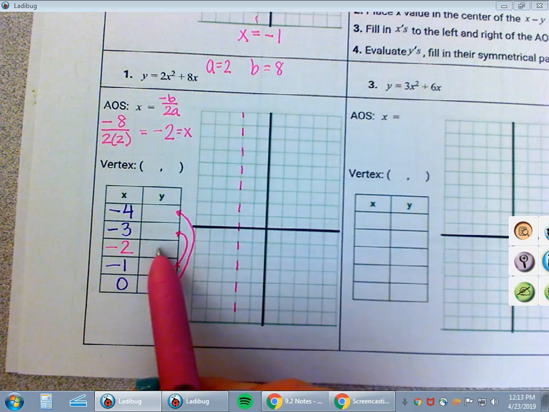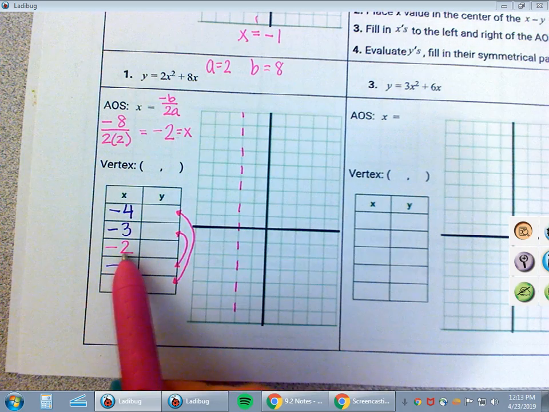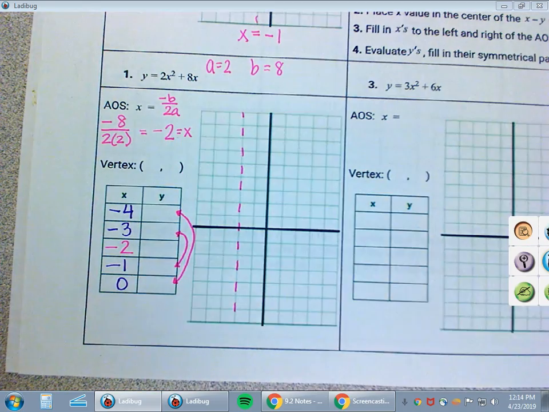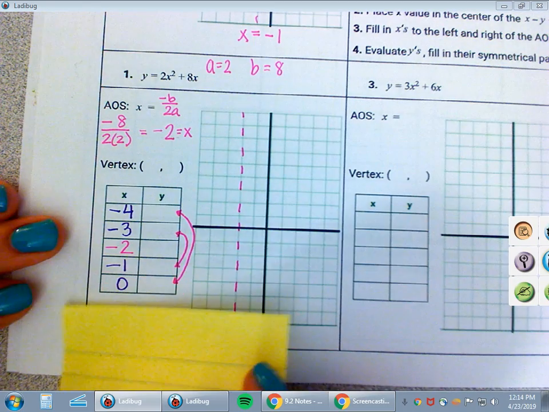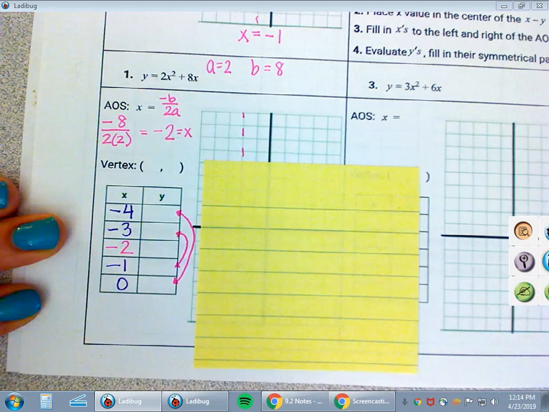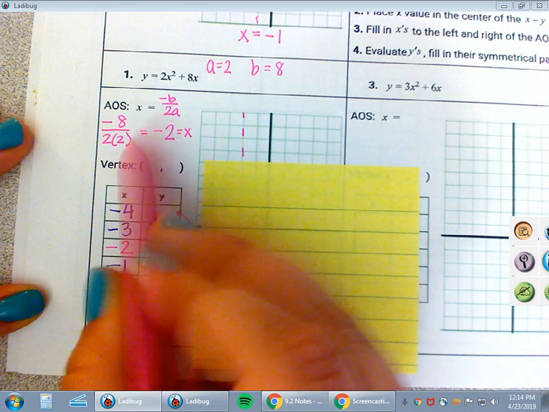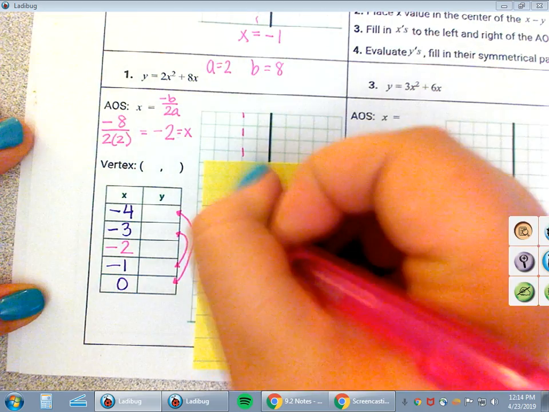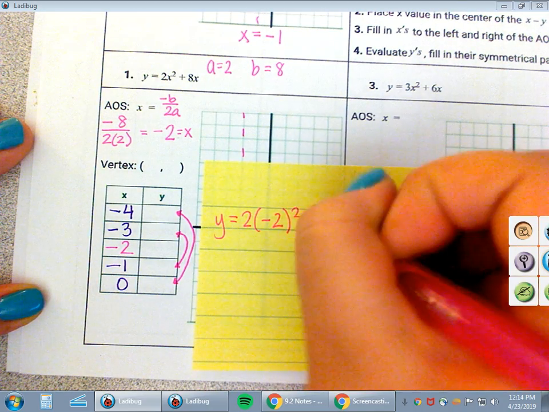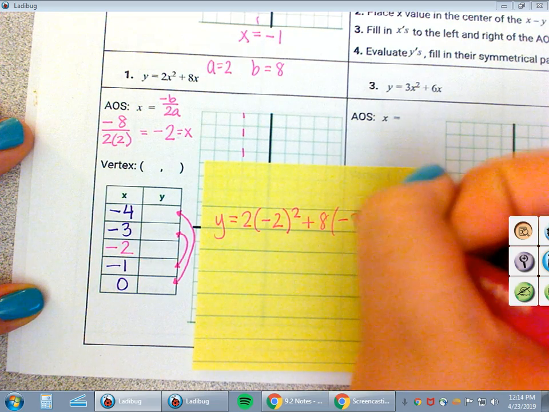So let's find our vertex first. I like to start there. If we plug in a -2 to our equation, I've got maybe some scratch work. Maybe you're good at doing this in your head. This part is kind of on you. But you are plugging in a -2 to this equation. So we'd have y equals 2 times -2 quantity squared plus 8 times -2.